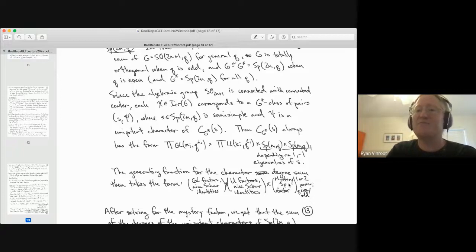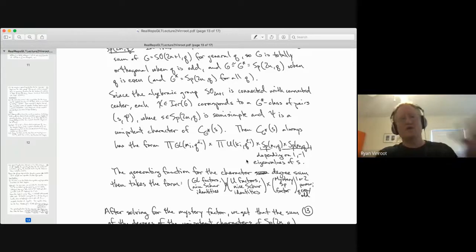Then we have this mystery symplectic factor. Well, it appears to a power of 1 or 2, because when Q is odd, we could have 1 or -1 eigenvalues. When Q is even, we could only have 1 eigenvalues. -1 isn't there. So this mystery factor appears to a power of 1 or 2, depending on whether Q is even or odd.